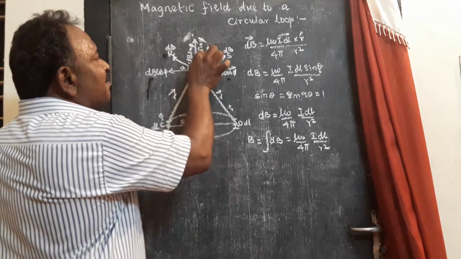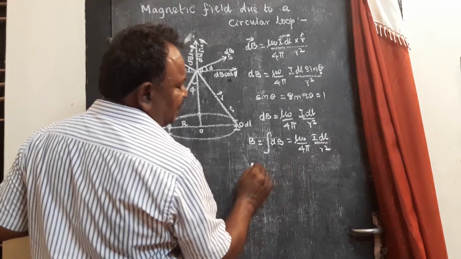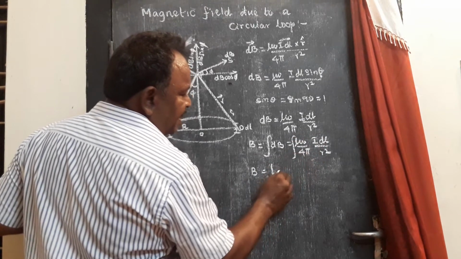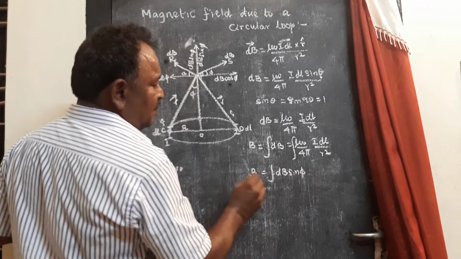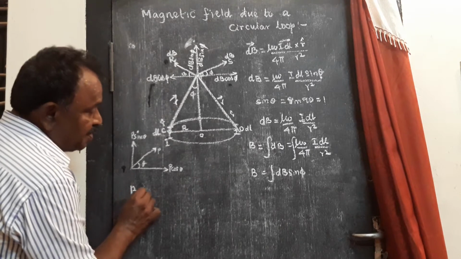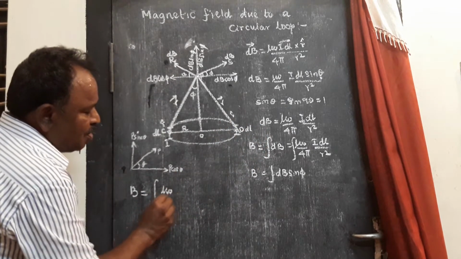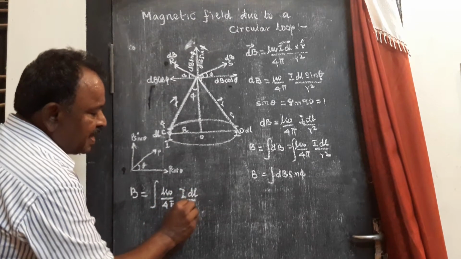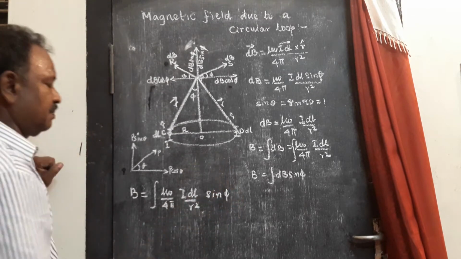Since only the vertical component remains here, B is equal to integral dB sin phi. So the magnetic field B is equal to integral of mu naught by 4 pi, I dl by r square, into sin phi.